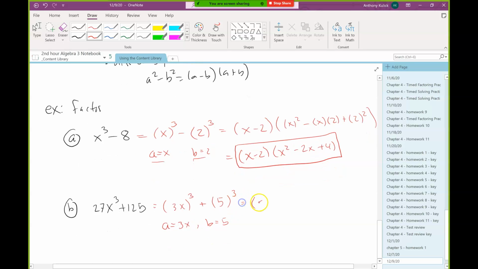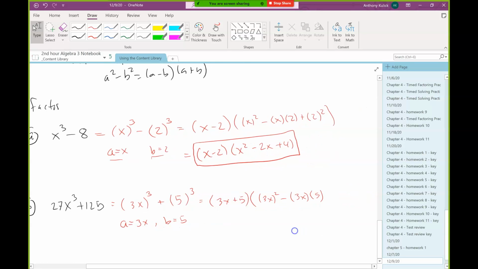So I'm going to have a plus b times a squared minus a times b plus b squared. And then we'll just clean things up a little bit. So 3x times 3x is 9x squared. 3x times 5 is 15x. And 5 squared is 25.